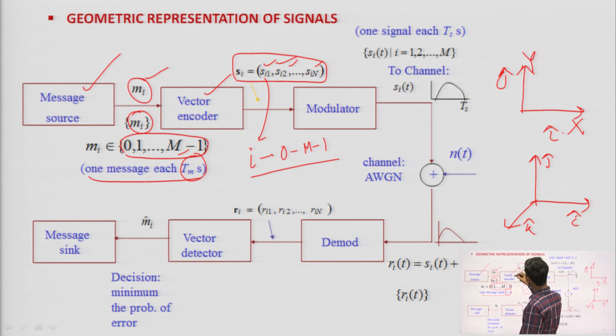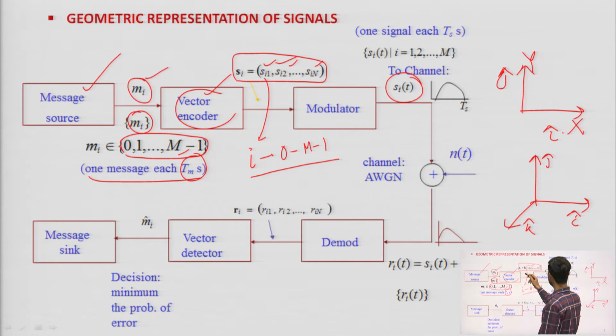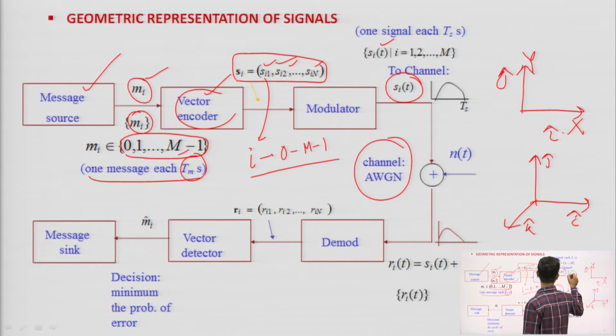After the vector encoder, the output passes through the modulator, and the modulator gives si in terms of time, that is, si of t as a function of time. Now this si(t) passes through the channel, that is, the AWGN, additive white Gaussian noise channel. This is the channel, this is the noise.